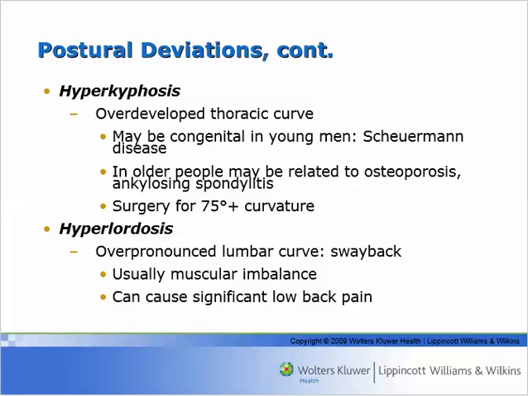Now the hyperkyphosis, we could often call it a dowager's hump. It happens because of compression fractures. If it happens in young people, it's often in men, and it creates this hunchback, as it were.